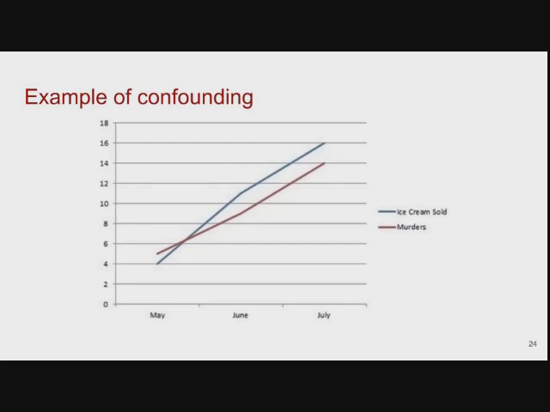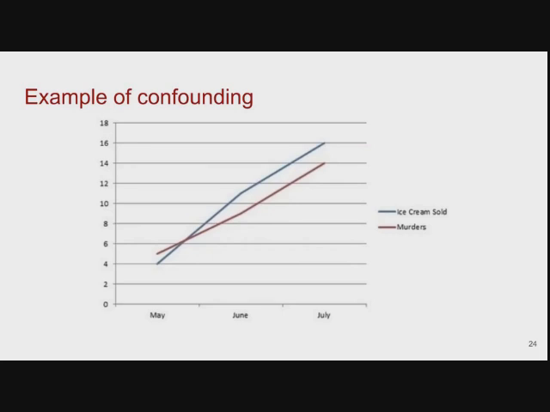If you're just looking at this, you might want to say that they're highly correlated, if you know the word, or that they have a really strong association. But if you try to come up with a reason, or say whether murders cause more ice cream to be sold or vice versa, or why exactly these two are related, it might be quite confusing because it's not something intuitive to think about. But another variable in this case, just as an example, could be the temperature.